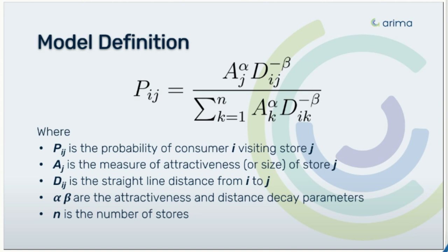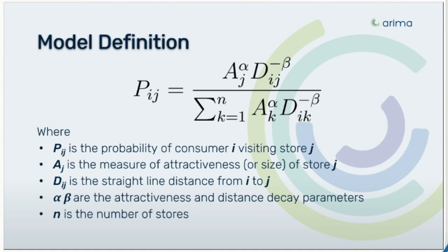The logic for that is if something is really, really far from you, your likelihood of going to that location will drop exponentially. So if something is a 10-minute walk from you, maybe you'll go there. If something is 10 times as far as that, you're not just 10% likely to visit that location. You're probably not going to go there at all. So there is some exponential decay when locations are very, very far.